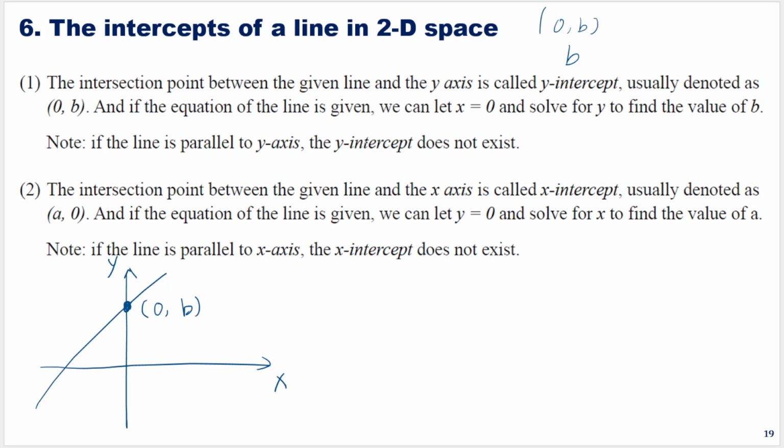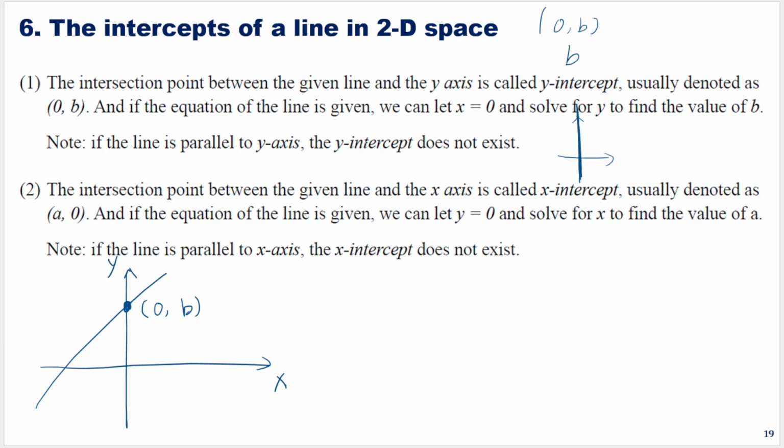And also, if the line is parallel to the y-axis, then the y-intercept does not exist, because in that case, the line does not intersect with the y-axis, right? Except the case that the line is the y-axis itself.